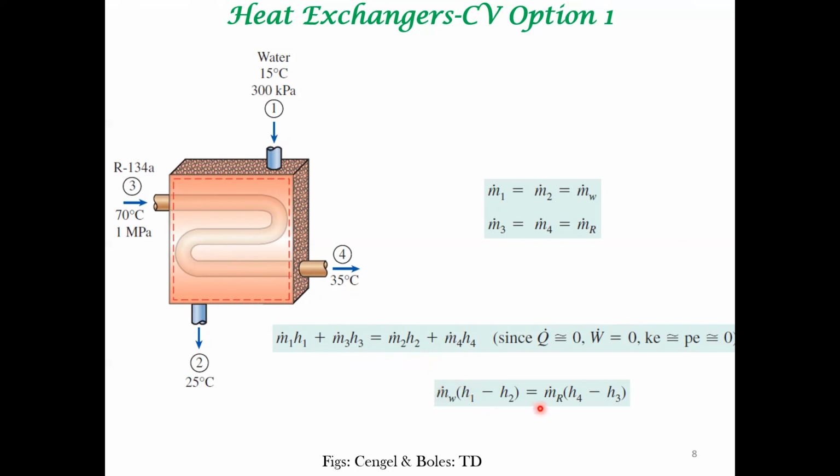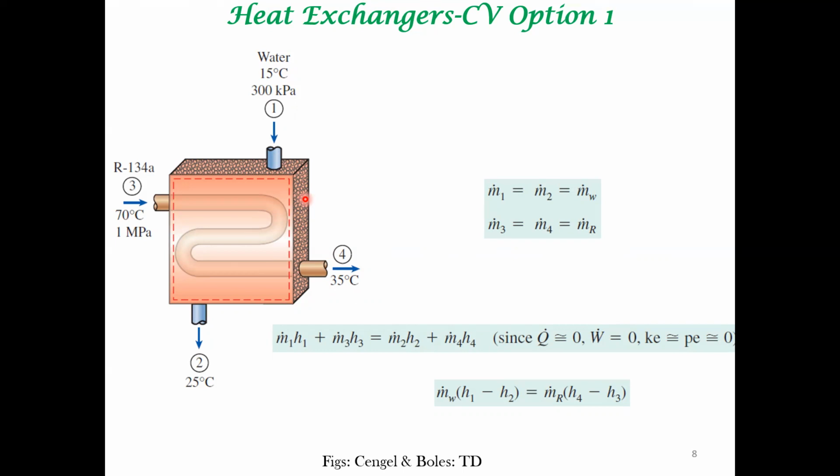So that's what you try to bookkeep. As opposed to the other control volume, this will give you certain information, right? This information is that the enthalpy loss from the refrigerant is taken up by water.